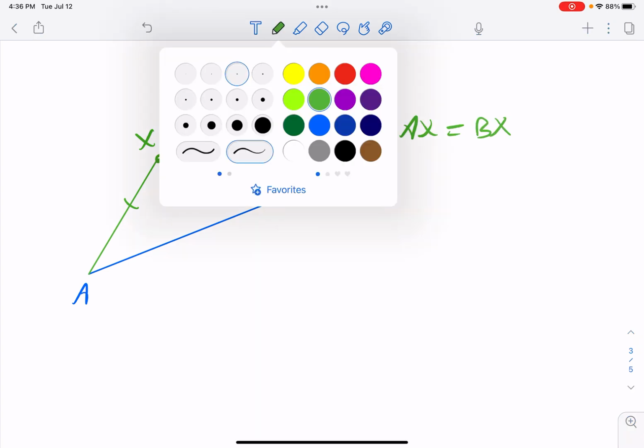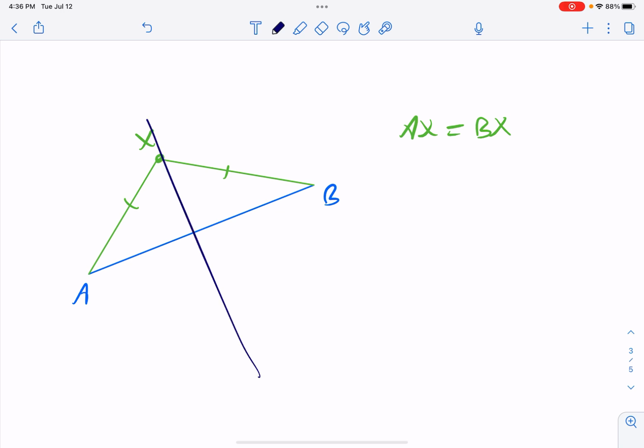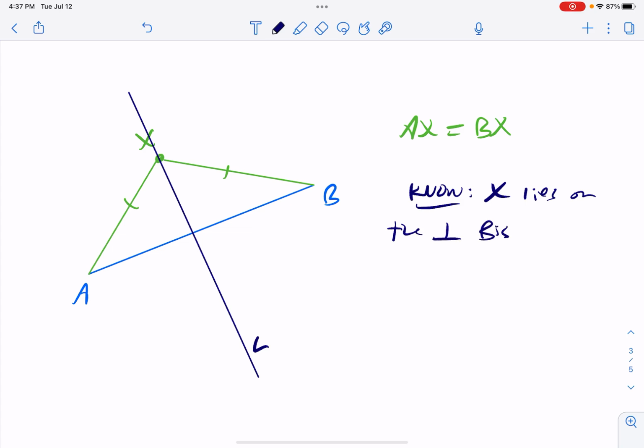And let's draw in line L. What we know is that X lies on the perpendicular bisector of segment AB. That's what we know from the perpendicular bisector theorem. What we don't know is that this particular line is the perpendicular bisector.